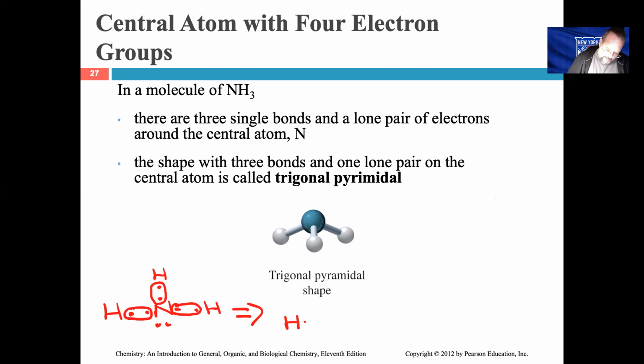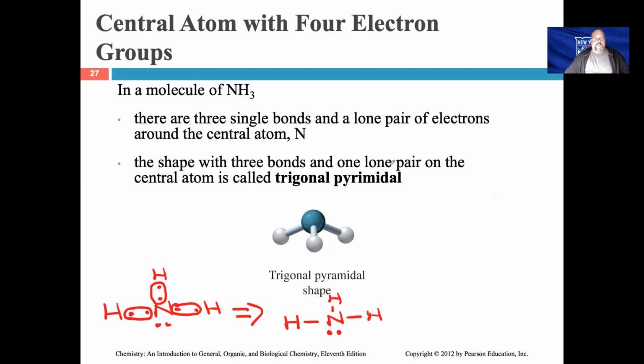And that goes for the hydrogen on the left, the hydrogen on the top, and the hydrogen on the right. And the nitrogen still has a lone pair of electrons that it's not used in chemical bonding. So each hydrogen is happy because each hydrogen now has 2 valence electrons. And the nitrogen is happy because the nitrogen now has 2, 4, 6, 8 valence electrons. So the octet rule is satisfied.